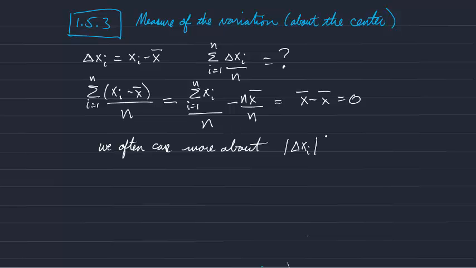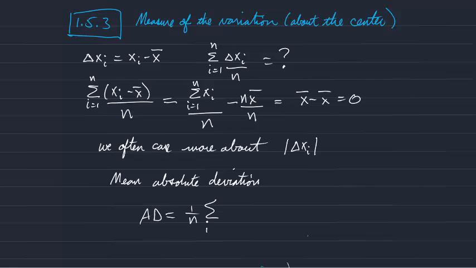So therefore we could take the mean absolute deviation. And Wessel refers to that as AD, and that's 1 over n times the sum of the absolute value of delta xi. And that will be, in general, non-zero.